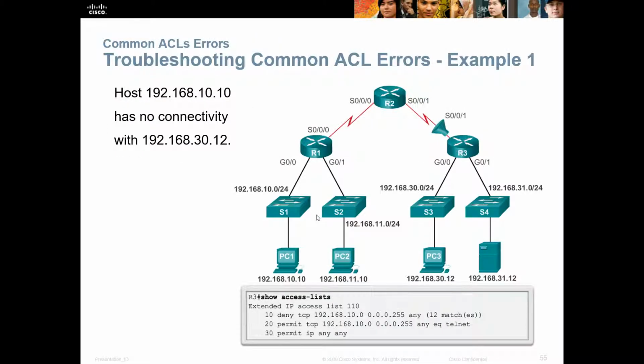So, troubleshooting. Normally you'd be running show access-lists to see what matches are there and seeing what's going on. Here we have a deny TCP 192.168.10.0, and we're going to match anything in the last octet. So 192.168.10.10 will be blocked because of that first item.